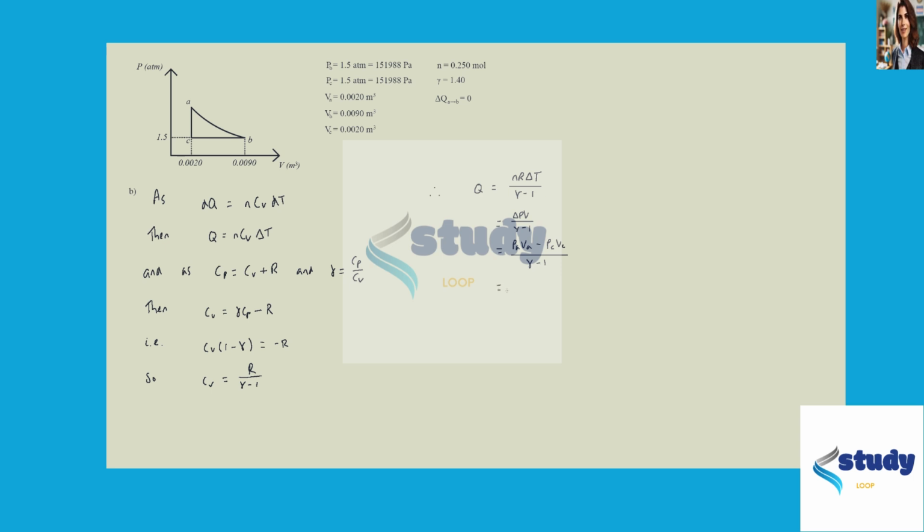And we can substitute in our known numerical values, and this gives an answer of 5,481.68 joules, which rounded up is 5,482 joules.